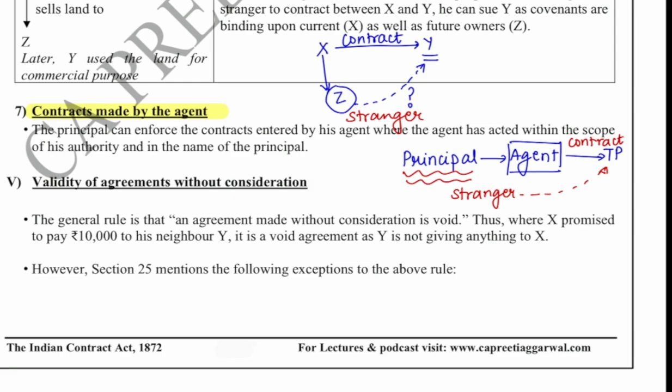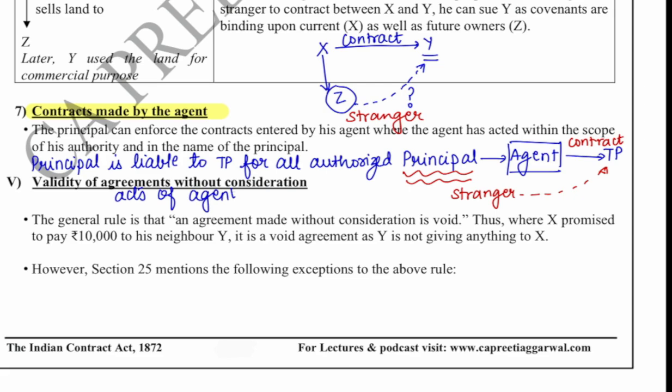Okay. So you can write down: principal is liable to third party for all the authorized acts of agent.